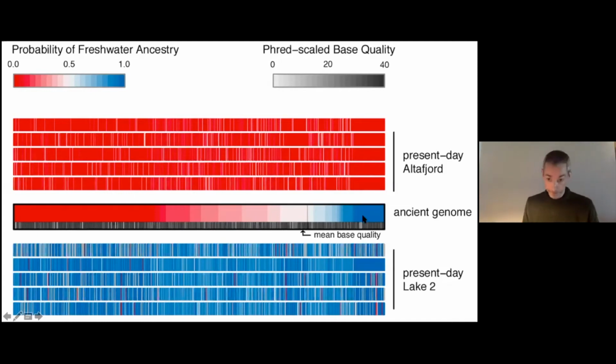So potentially there's been some evolution in the population at the time that the ancient samples were alive already. But it's also important to remember that this might not necessarily be all due to selection. Here we're looking at essentially fixation in the fjord and close to fixation in the lake, and that could be due to drift in the lake populations rather than just selection on marine-freshwater specific alleles.